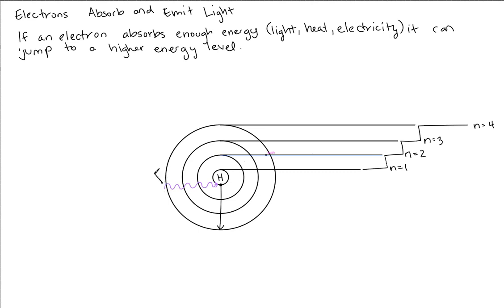So right here, what is this representing? This is a photon. So we can say a photon with enough energy forces the electron into an unstable, excited state.